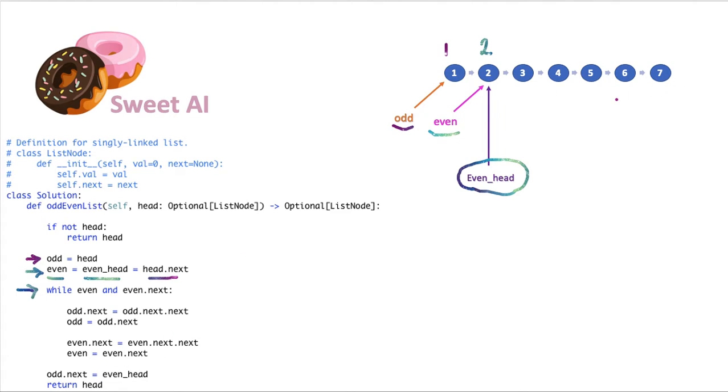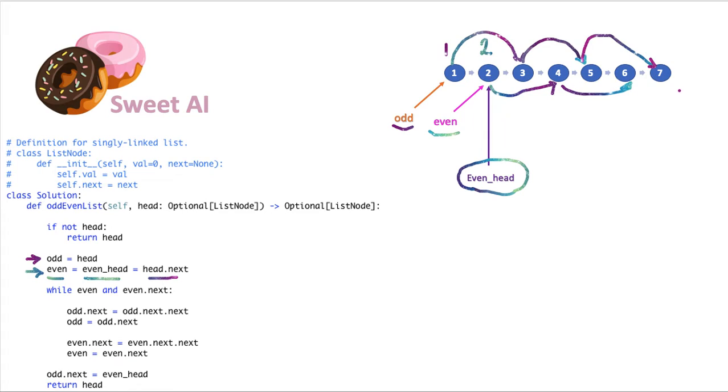What we are going to do is iterate over this linked list, find the odd indices and point them to each other, right? And at the same time, we find even indices and point them to each other, right?